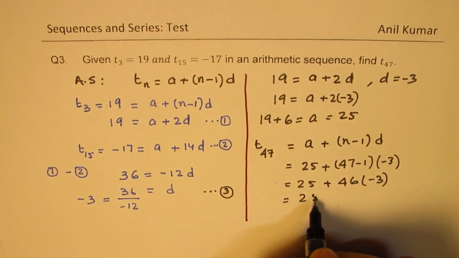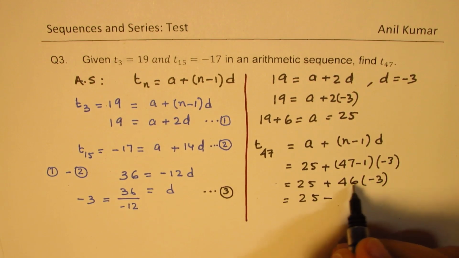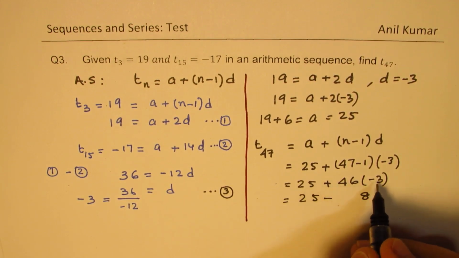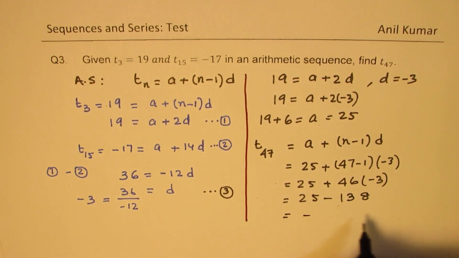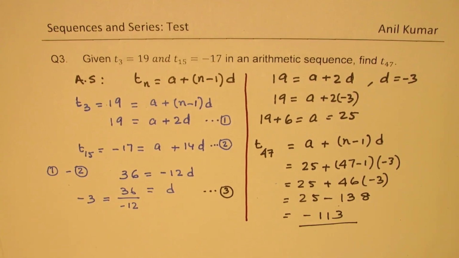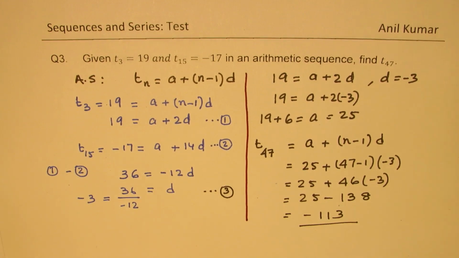You can use a calculator. 46 times 3 is 138, and that gives you a negative number when you add 25, so we get minus 113 as T47. Clear? So that is how we could answer this particular question.